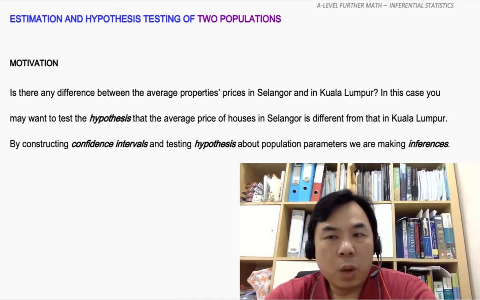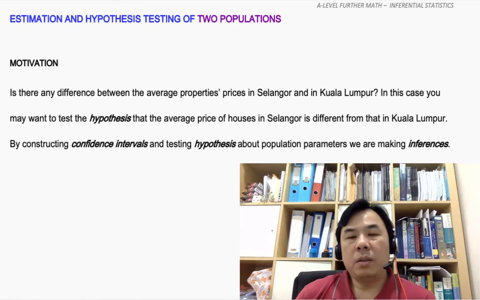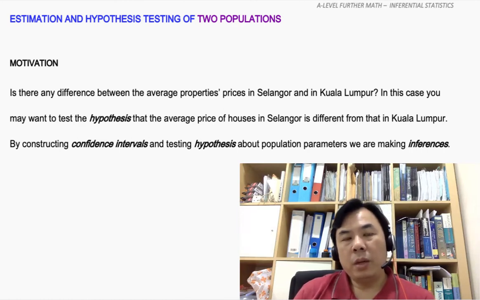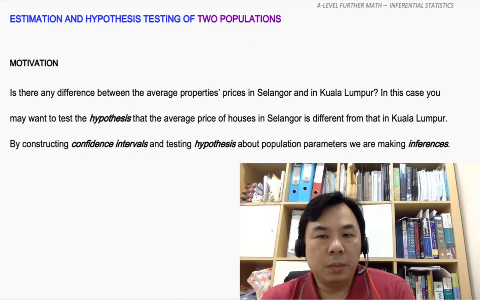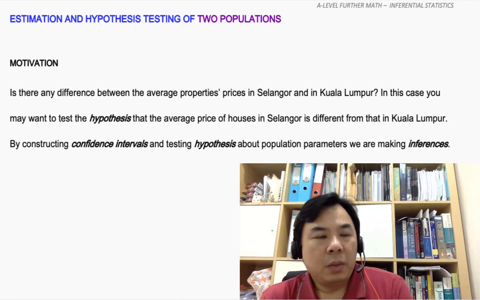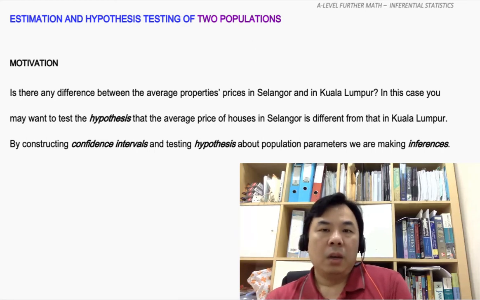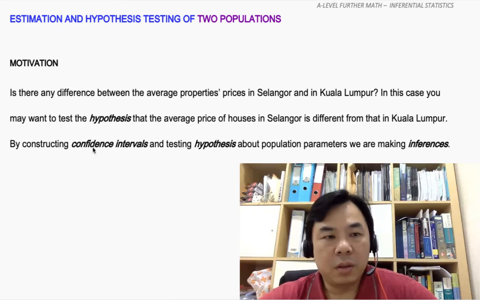That is one way to verify whether the prices are different. The second way is we can construct a confidence interval to determine whether there's any difference in the property prices also. So there are two methods that we're using to make inferences in this case.